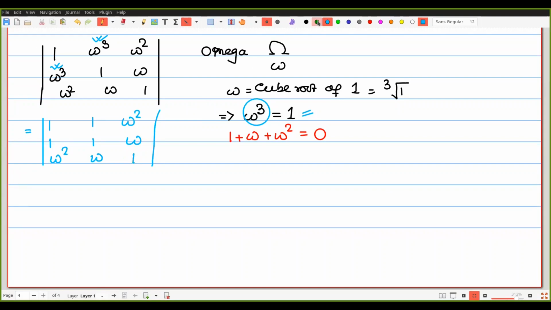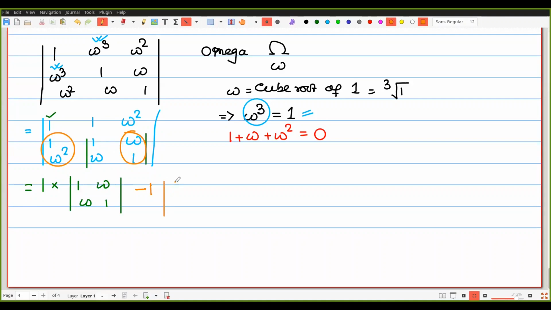Now I am expanding using the first row. So 1 into, as usual, 1, omega, omega, 1. Next one, there must be minus 1. So minus 1, and which one? That one and that one.